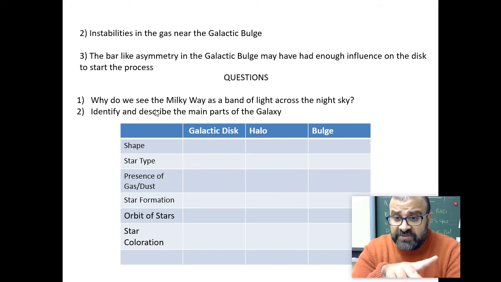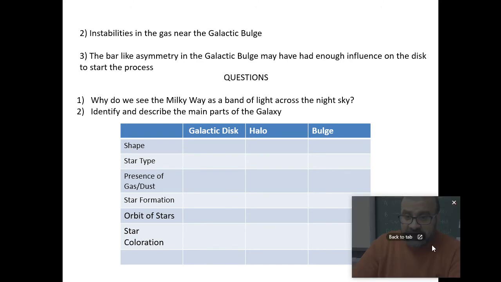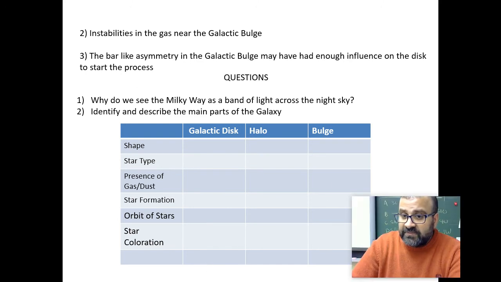So what I want you to do right now is hit pause. Answer these questions, and then I'm going to talk about them. I would copy this table down and answer this. While it's paused, I'm going to get a drink of water. You take however long you need to answer these questions.